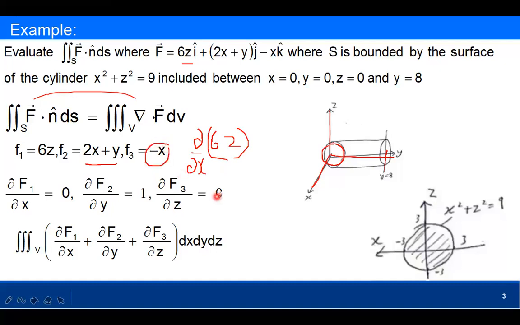Now substitute these values. So dou f1 by dou x is 0 plus 1 plus 0. So that is triple integral of 1 dx dy dz over the volume V. In this, given the limits of y, y limits are 0 to 8.